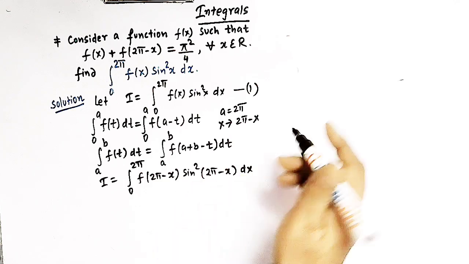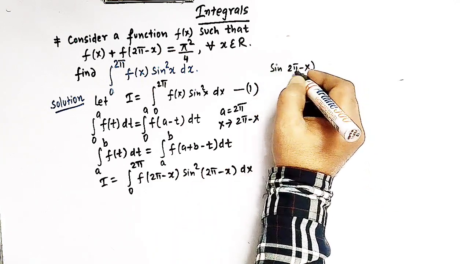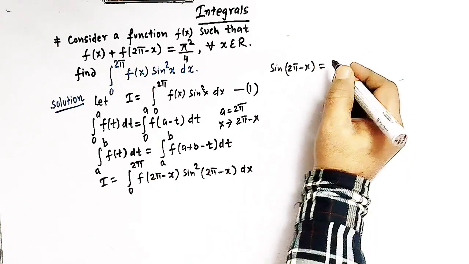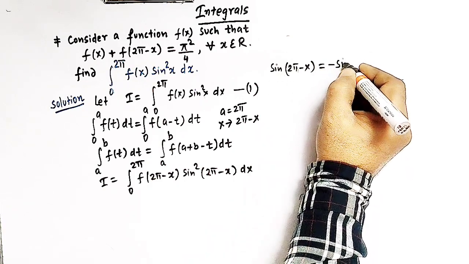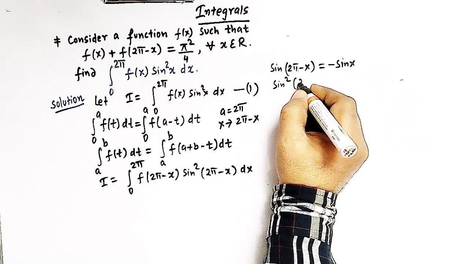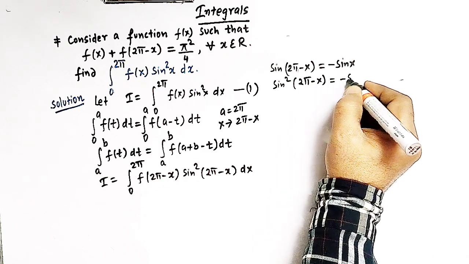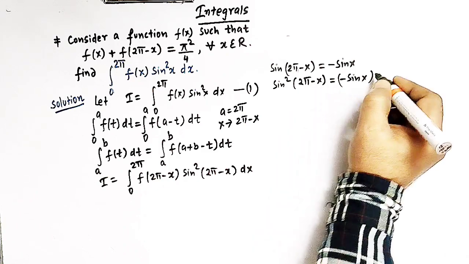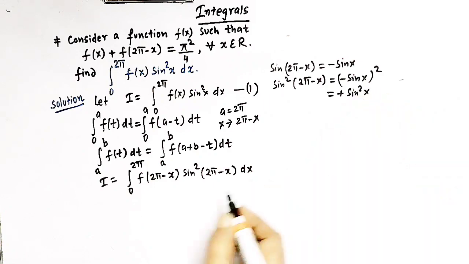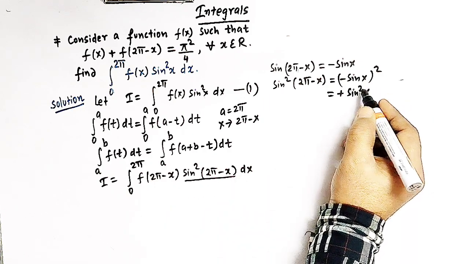Now see, here we have sine of 2 pi minus x, and from trigonometry we know that sine of 2 pi minus x is given by minus sine x, so the square, sine square of 2 pi minus x, is given by minus sine x whole square, and that is positive sine square x. So here we can replace this term by sine square x.